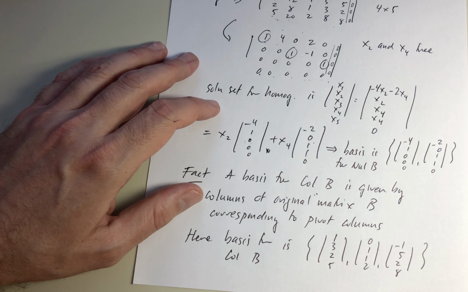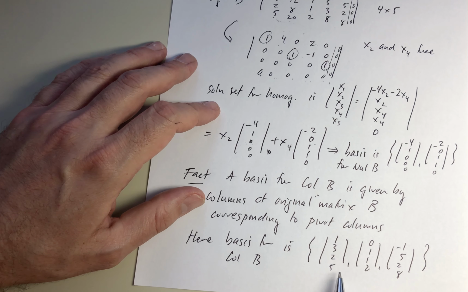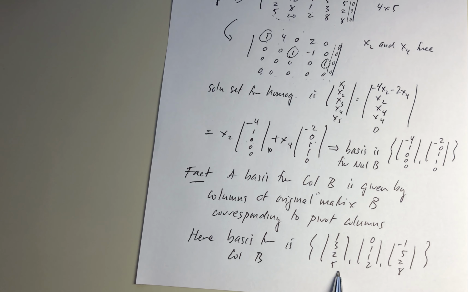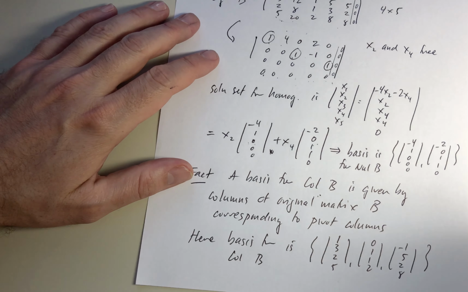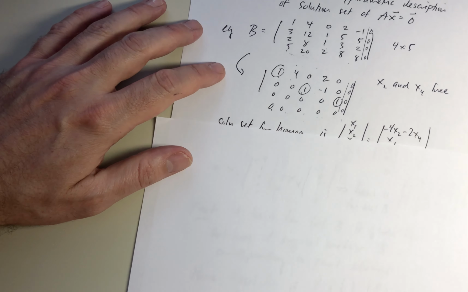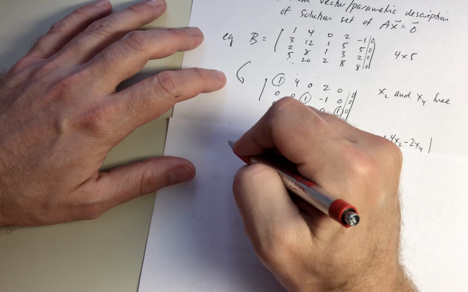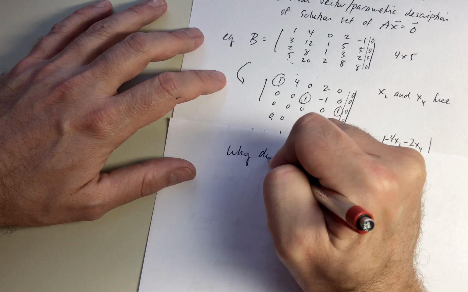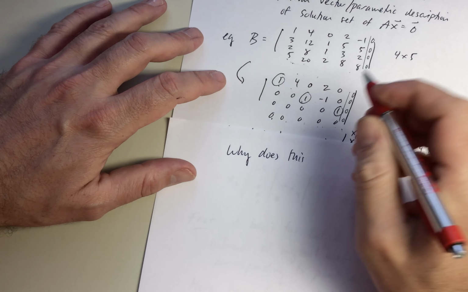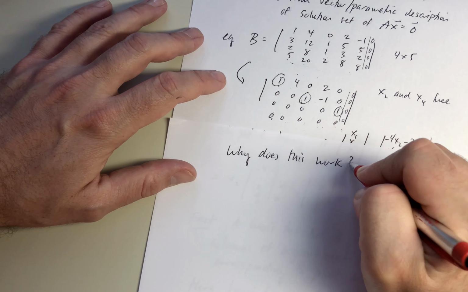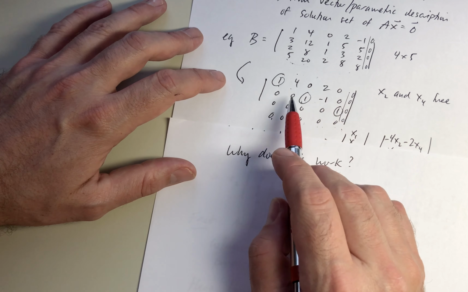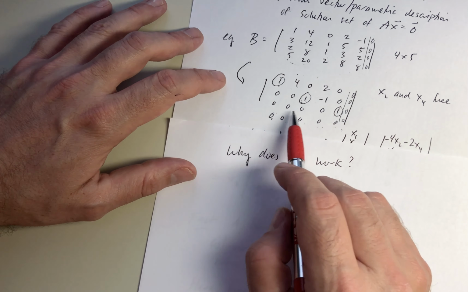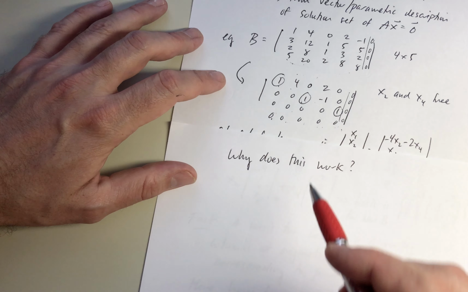Now again, why is this the right thing? Why is this an independent set? Loosely speaking, maybe I'll write this here, because I want to use this example. Why does this column space thing work? Remember, what I've done here is I've started with a matrix, and I've picked out the first, third, and fifth columns, and I claim that that's a basis.